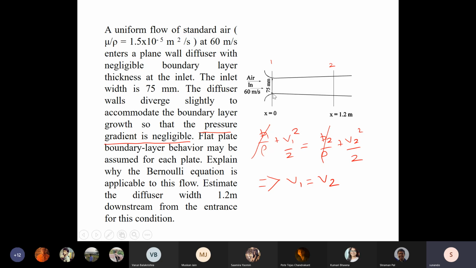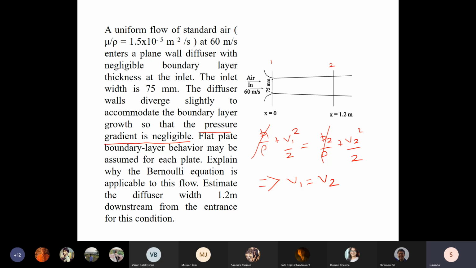Now, whenever you talk about such a thin duct, the most likely scenario in application would be that it's between two parallel plates. It's as if the flow between two A4 sheets of paper separated by 75 millimeters. So if that's the case, then the width of the duct is large enough to neglect any growth of boundary layers on the side B as well. And B is not specified in this problem.